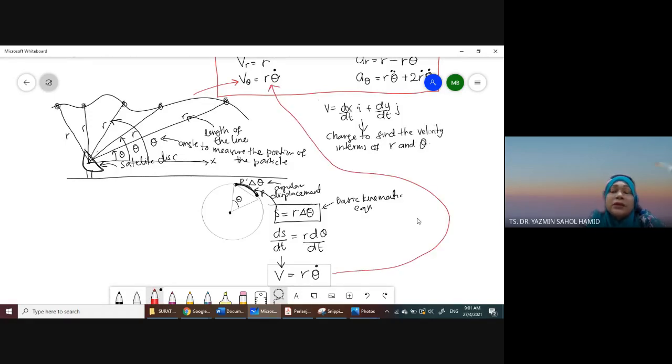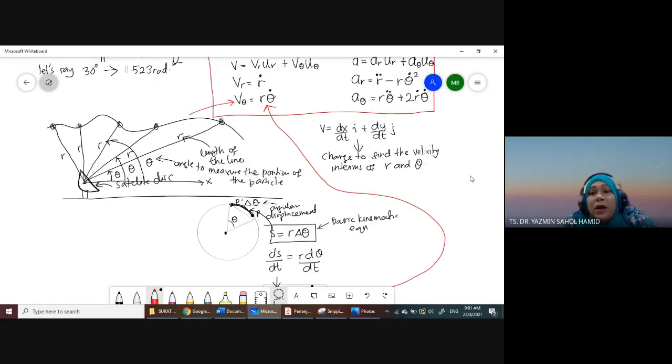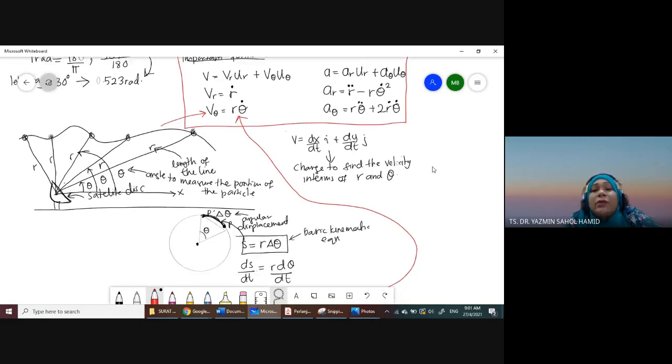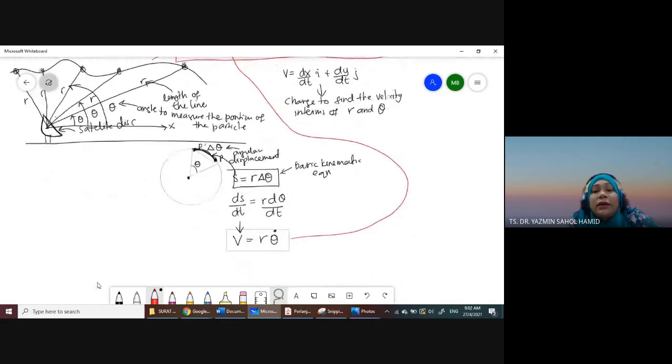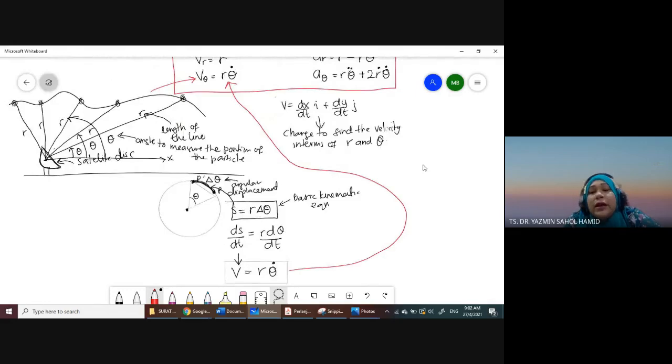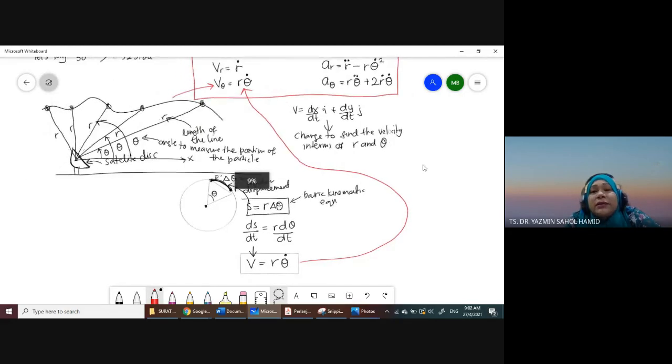I know there are a lot of formulas above here. However, it's not going to be easy for me to explain the derivation of all these formulas. But for this class, at least I want you to understand that V equals R theta dot comes from here. I don't want you to be one of those students that say the lecturer never explains the derivation and just asks to memorize the formula.